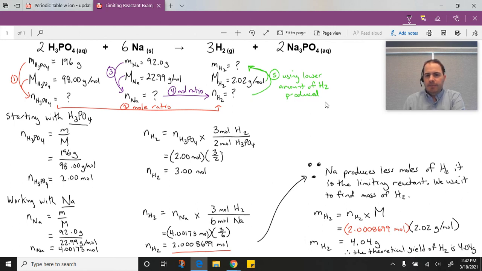So this type of problem involves a number of steps, right? And the key is to recognize which reactant is going to give us the path that produces the lowest amount of product. Because once we reach that quantity of product produced, the reaction would stop. That's the idea of our limiting reactant. And we're able to figure out what our theoretical yield would be.